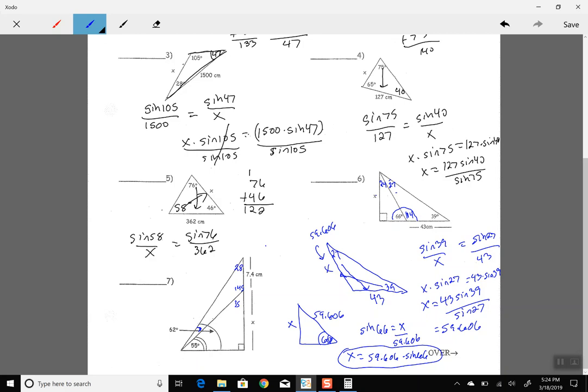So I'm going to do the same sort of thing. I want the shared side, so I'm going to call that side y. And if I look at the 7 degrees, that opens up to the 7.4. So the 7 goes with the 7.4. And this 28 degrees goes with that y.